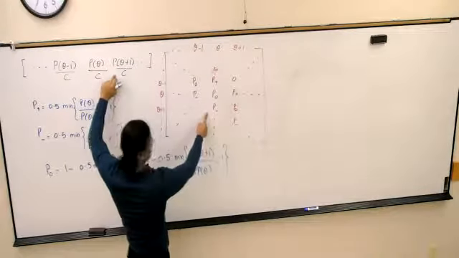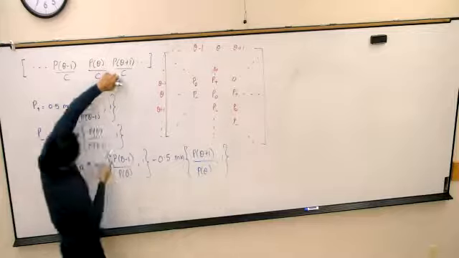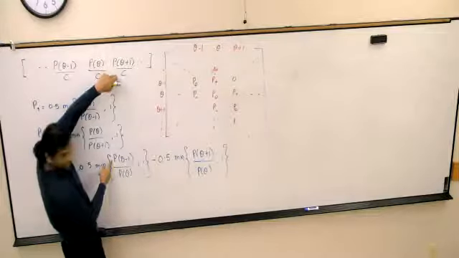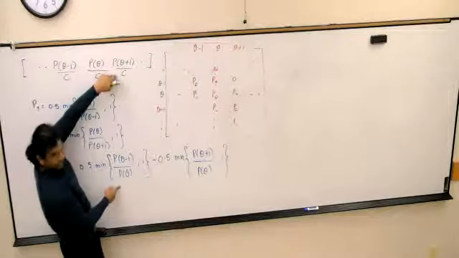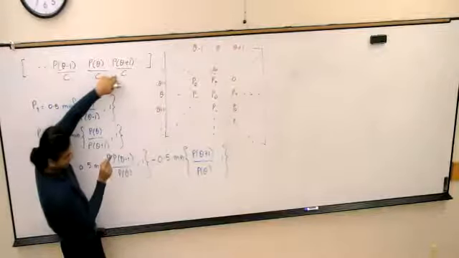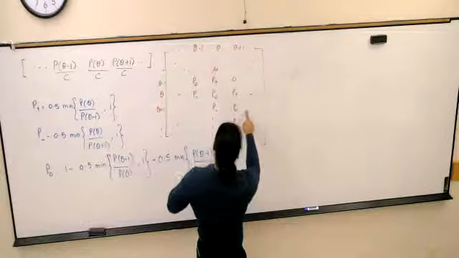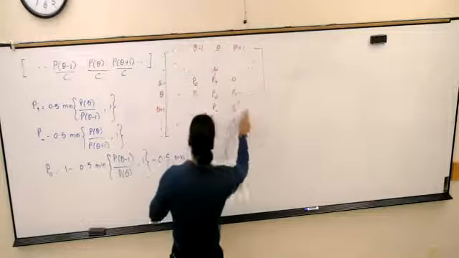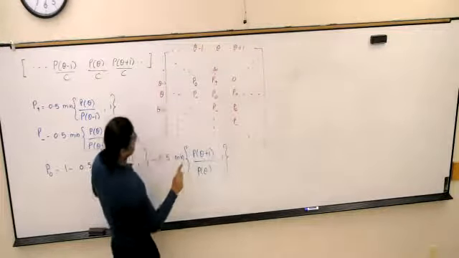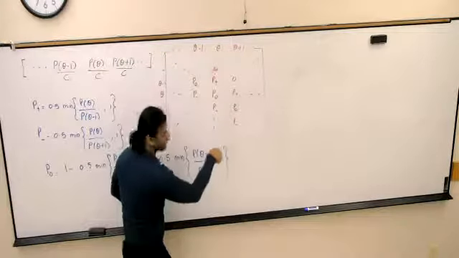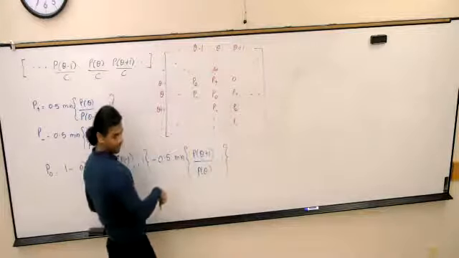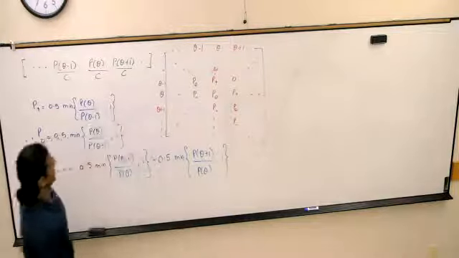You want to go here, you write it as P of theta divided by P theta plus 1 for P minus. And would we have a P plus here? Yes. For a P plus there, you would write it as P theta plus 2 over P. Oh, okay, I see, I got you.